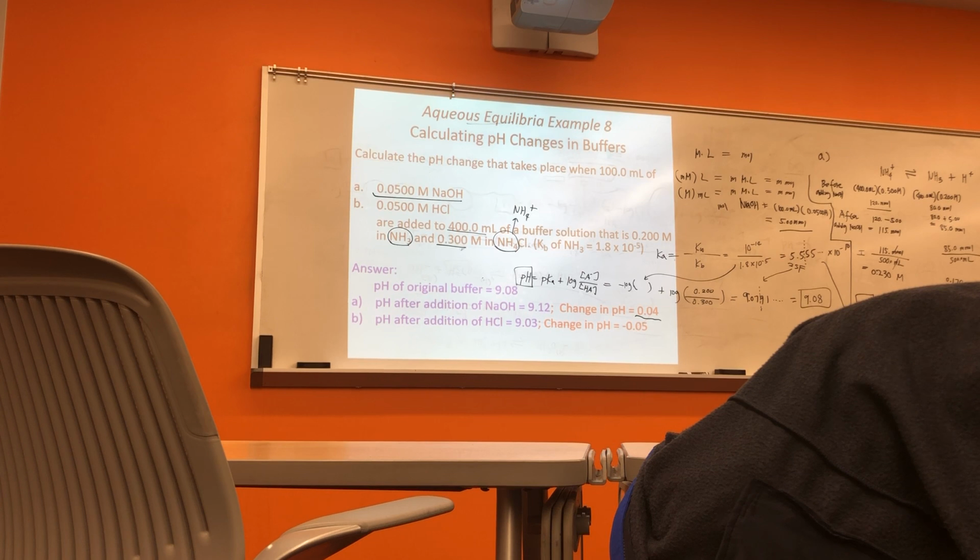In this buffer system, this is the base, this is the acid. So the incoming acid will be neutralized by this guy. So we need to use 5 millimole of this. If you use 5 millimole, this remaining amount decreases. But this will turn into conjugate acid. So this will increase by the same amount.